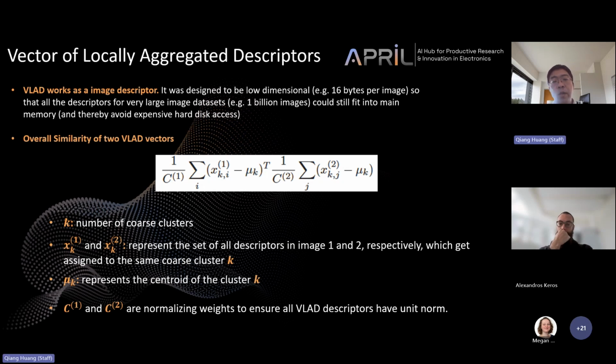The equation here tries to compute the similarity between the vectors of two images. K is the number of the coarse clusters.